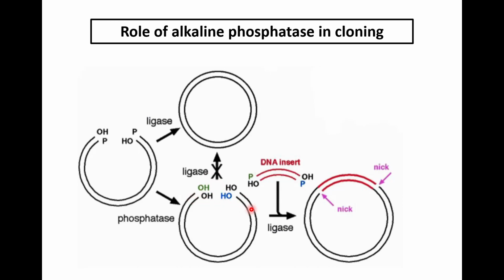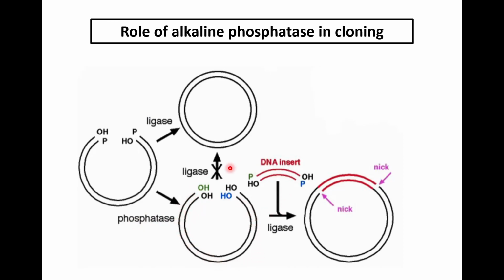Okay, so now it is not favorable for this vector to self ligate, because for the phosphodiester bond to form, we require this phosphate and this OH to do the religation. Since you have removed the phosphate group from this 5' end, there is an OH group now, so this vector will not self ligate.